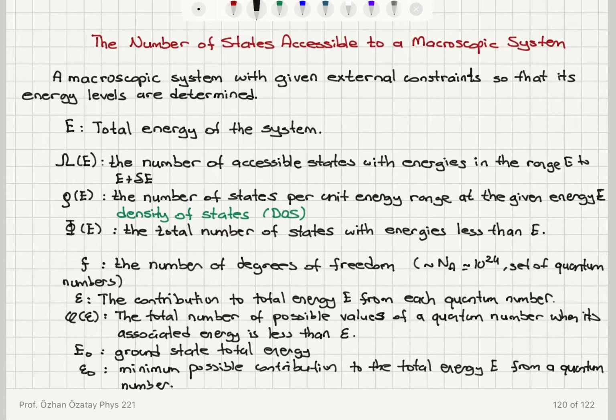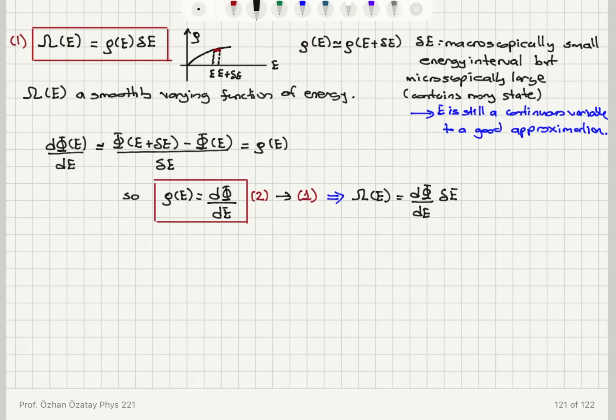That is the lowest possible value this quantum number can take. In general, as I allow the contribution to total energy to become epsilon greater than epsilon 0, the number of possible values I can put to the quantum number n will be increasing.